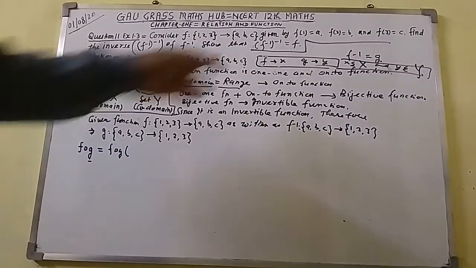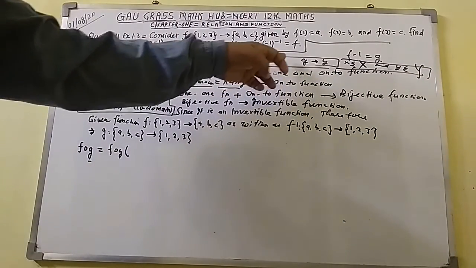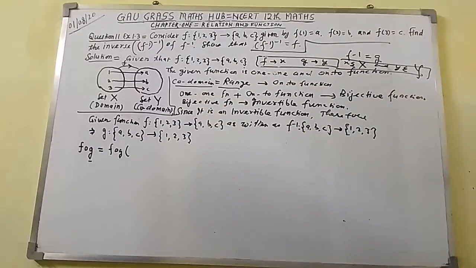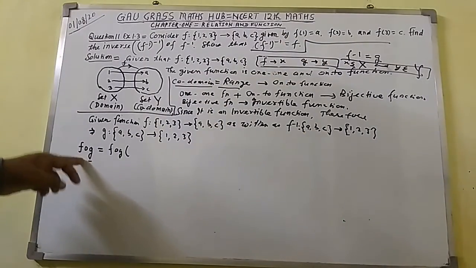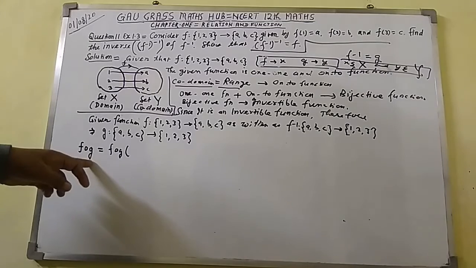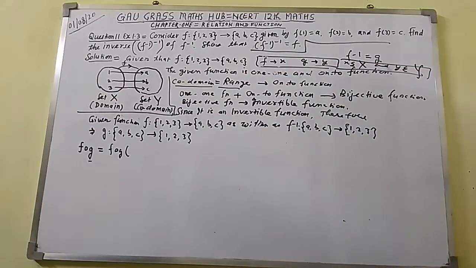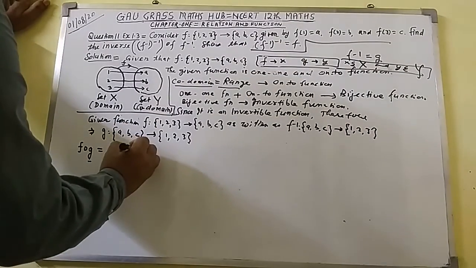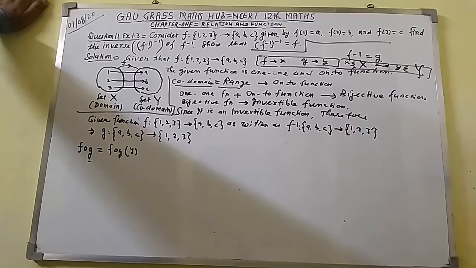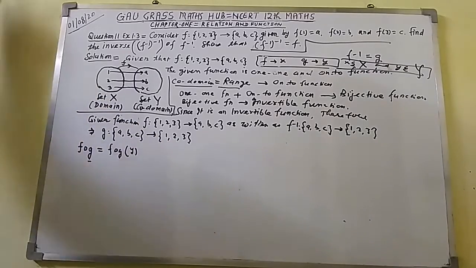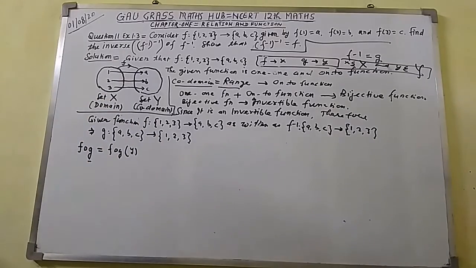So this is the trick. F relates to X, G relates to Y. So here you can see in F of G, the last letter is G. So G will be related to Y. So here write Y. What to do here?